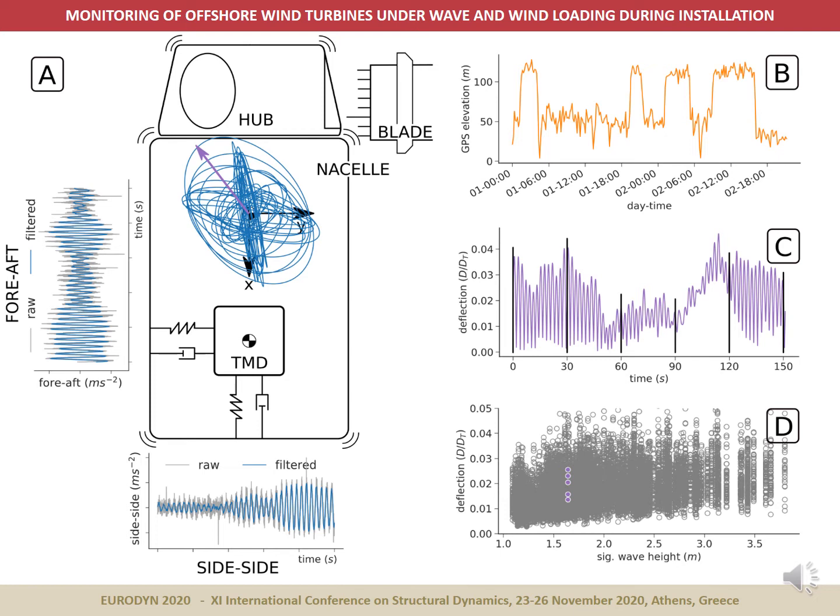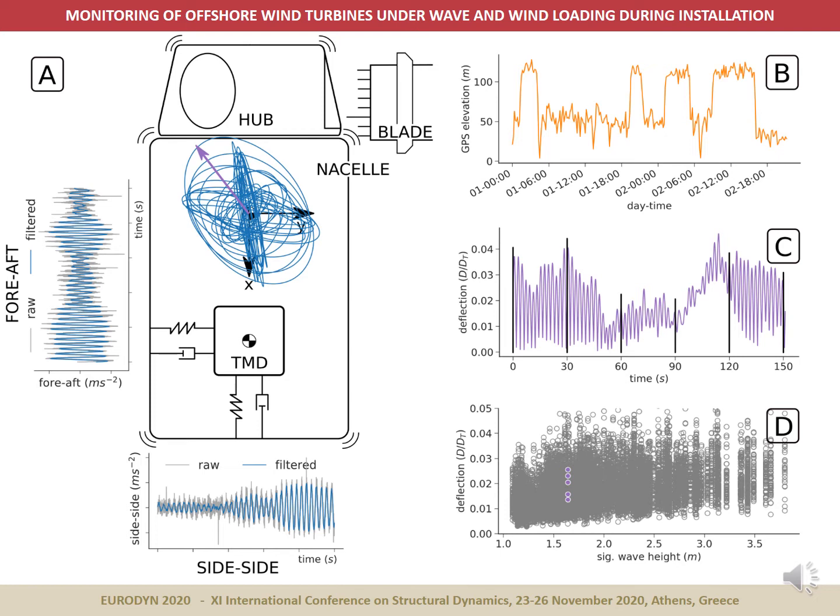This temporal signal was then decomposed into 30-second windows where the average deflection was calculated. These 30-second mean values were then used to create scatter plots. These scatter plots then show the correlation between, for instance, significant wave height and deflection of the turbine.